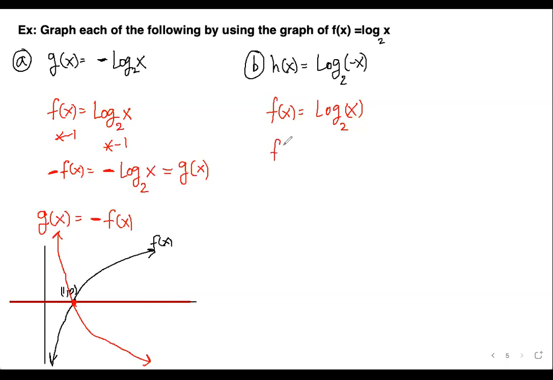So I get f of minus x equal the logarithm of minus x to the base 2. Now this actually equals h of x. So I have to rewrite h of x as f of minus x.